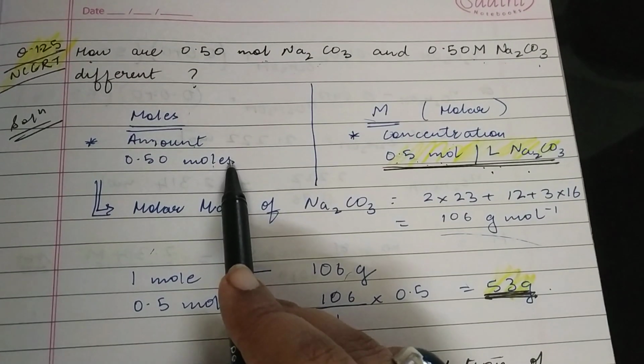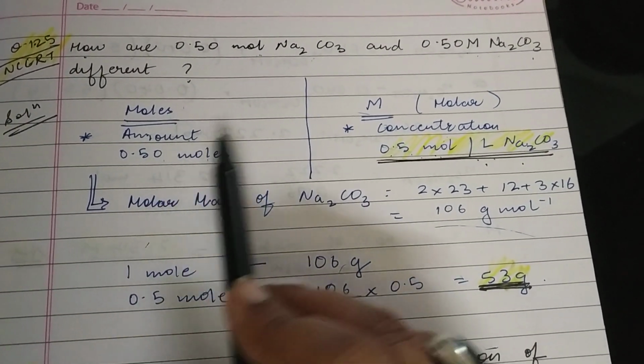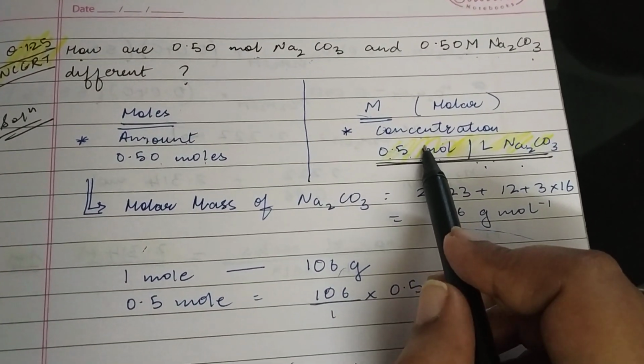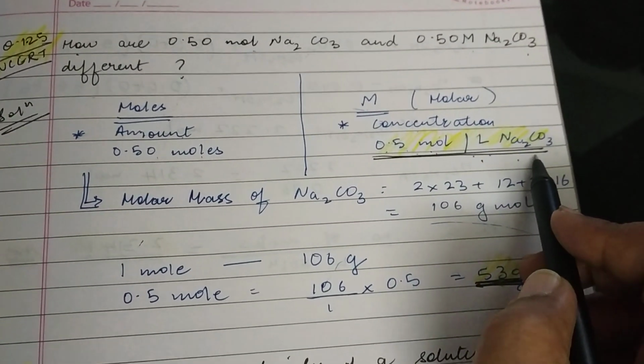Here it is just telling us the amount. So this is the term for the amount, it is expressing the amount. Molarity or molar is the concentration term. Concentration means we are talking of an amount with respect to a certain volume.